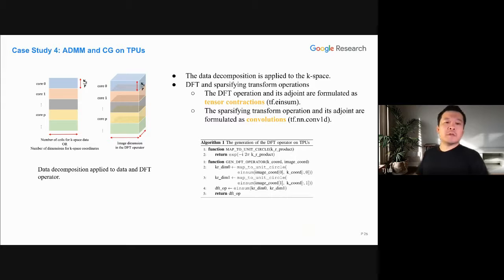For parallel computing, we apply the data decomposition to the K-space. 2 operations are repeatedly called in the iterative scheme, a DFT and a sparsifying transform. The DFT operation and its adjoint are formulated as tensor contractions. The sparsifying transform operation and its adjoint are formulated as convolutions. Both tensor operations and convolutions are highly efficient on TPUs.